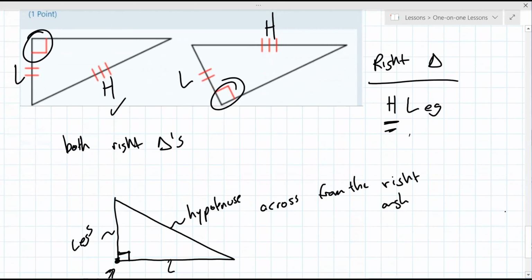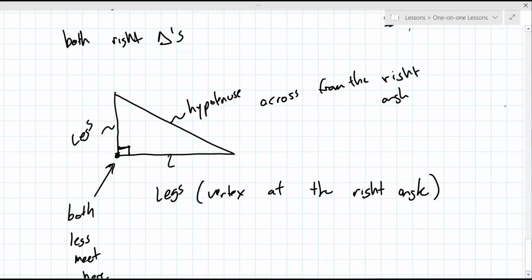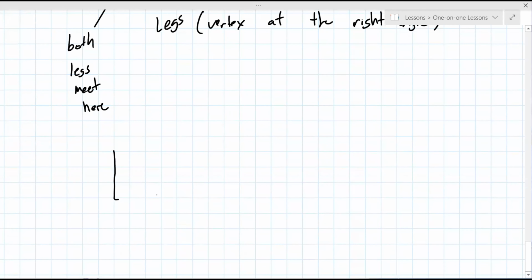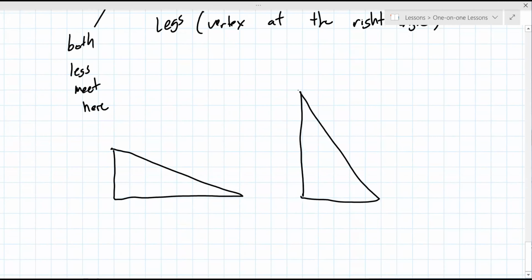Let me show you one that doesn't work, because I think that's going to help answer this question. So here is, and I've drawn this, I'm not drawing this to scale, but just imagine that this is the case here. So these are the hypotenuses, and they're congruent.